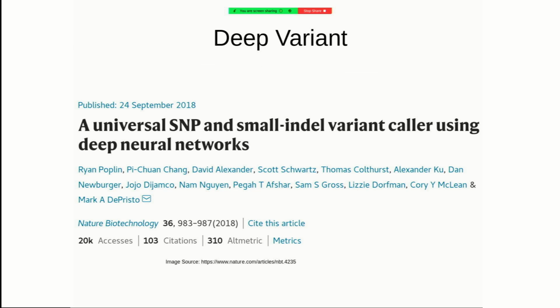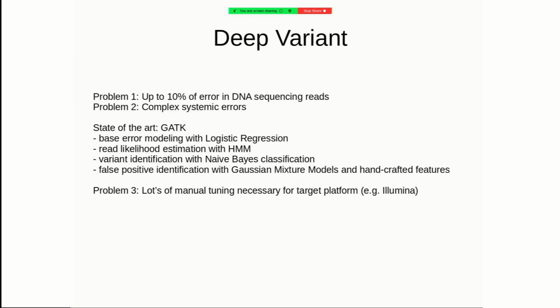So this here is an example, DeepVariant. This is a universal SNP caller, and the state of the art is GATK, and you see here the problem in SNP calling is the noisy data. You have up to 10% error in your sequencing reads. The errors are complex, systemic errors.